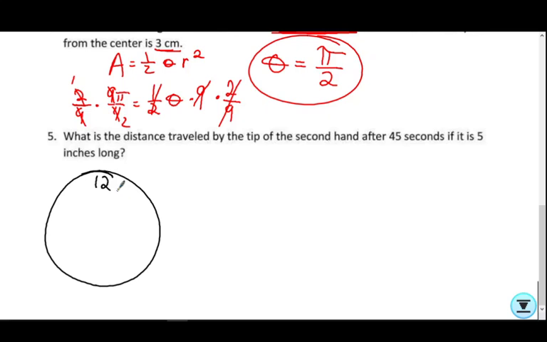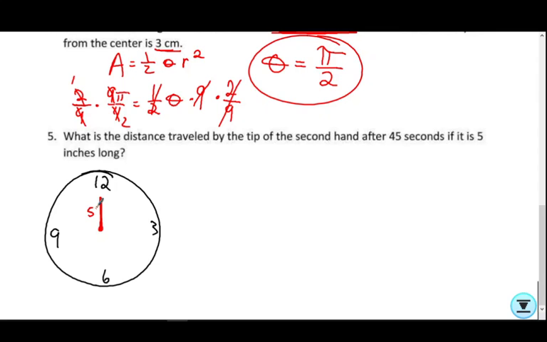So 12, 3, 6, 9. Okay? And the second hand, they don't mean like the second one. They mean the second hand that counts the seconds. They say that is 5 inches. So from the center, I'm going to have it coming right here. This is 5. Okay? Now, it's traveling for 45 seconds.